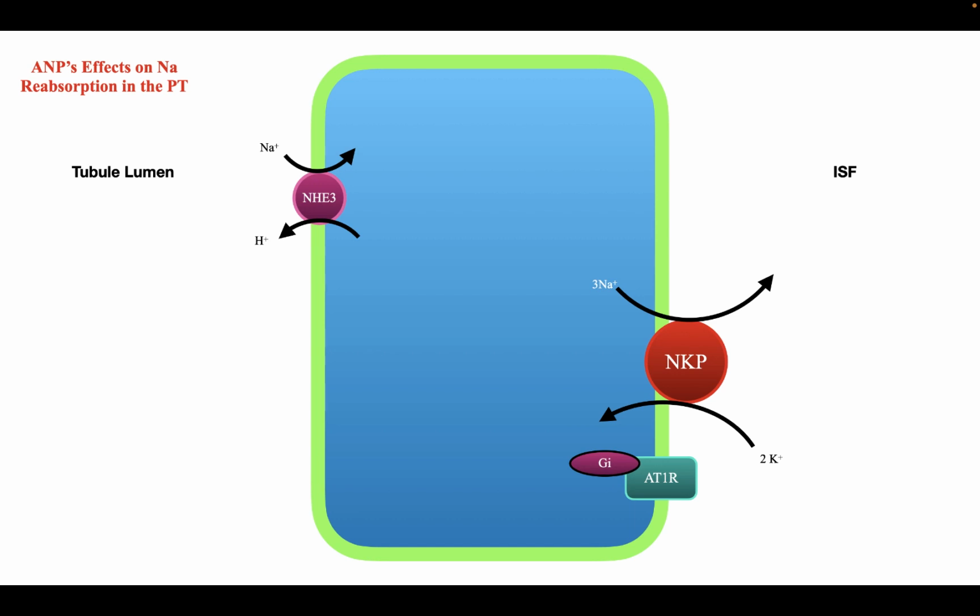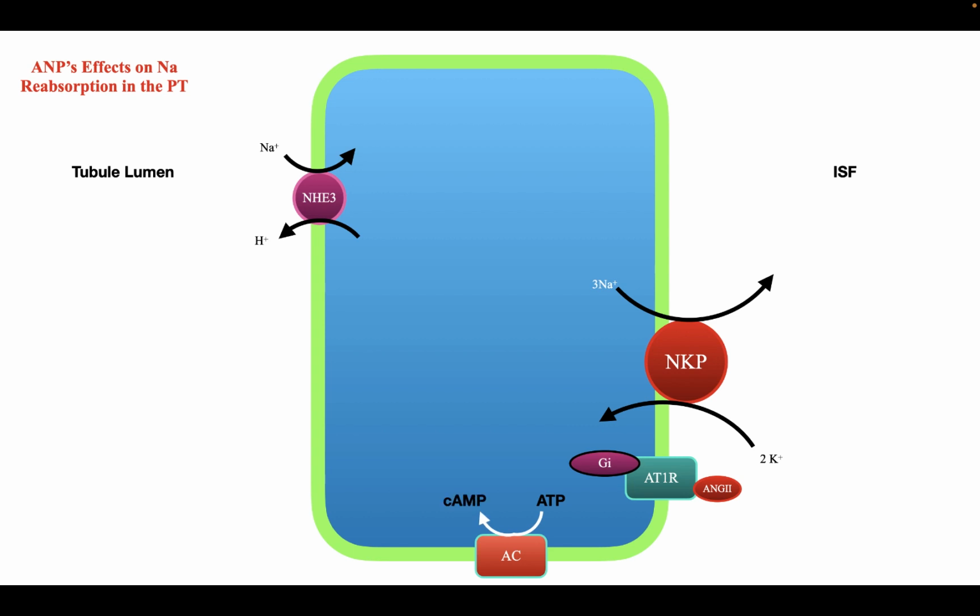So when angiotensin II binds to the AT1 receptor, this activates the Gi protein. The Gi protein will modulate the activity of another enzyme, called adenylate cyclase. Adenylate cyclase is an enzyme that catalyzes the conversion of ATP into cyclic AMP.